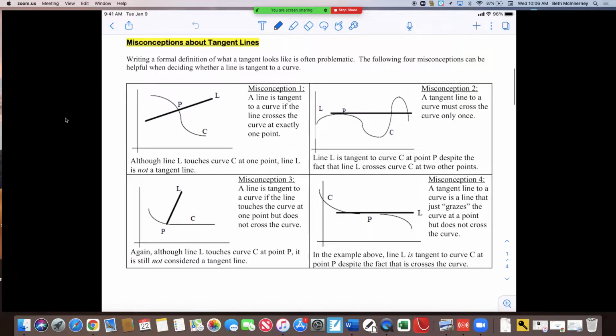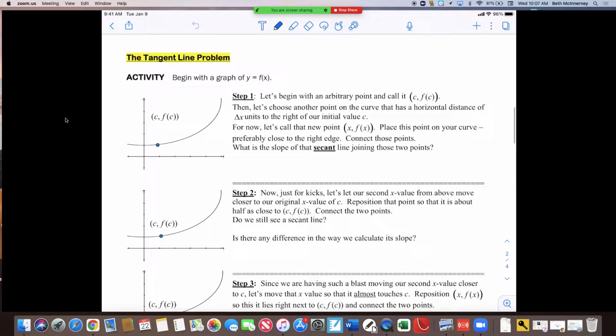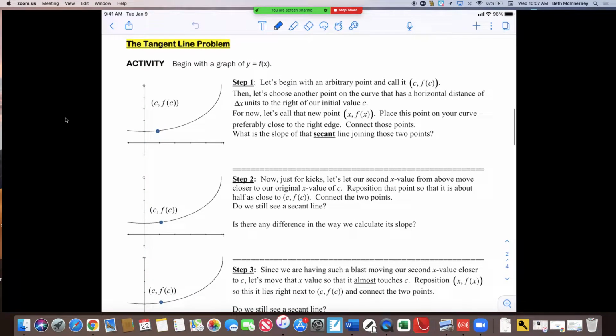So I don't want to say it's a place where it touches and never crosses, because it can cross, like in that misconception 4. Then you had the tangent line problem, and we did talk about this one in Unit 1 just a little bit, but now we're going to make a beautiful connection. So we can start with what we call the secant line, where I asked you to pick 2 points, and how do you find the slope of the secant line?